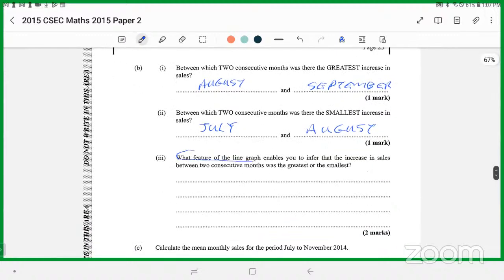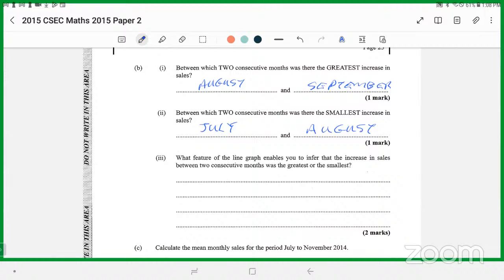Watch this now. What feature of the line graph enables you to infer, between consecutive months, which is greatest or smallest? What feature of the line segments of the graph tells you that? I just said it there. What do you know from the graph when you have the greatest increase? The highest gradient or the longest line segments.